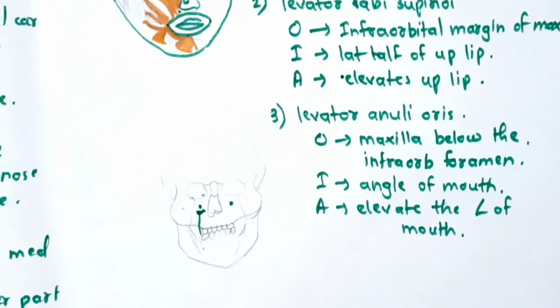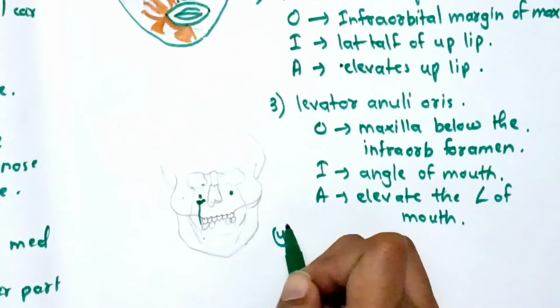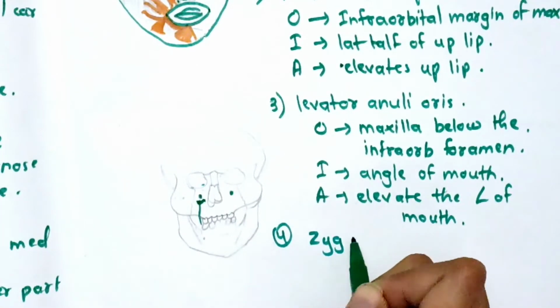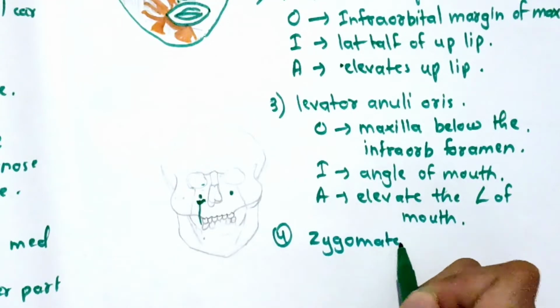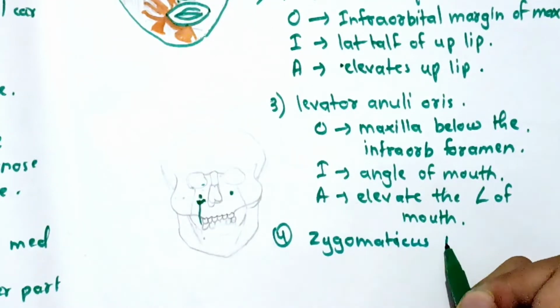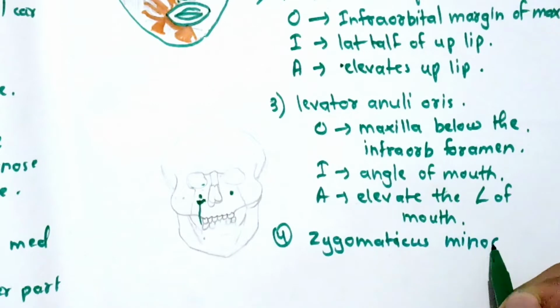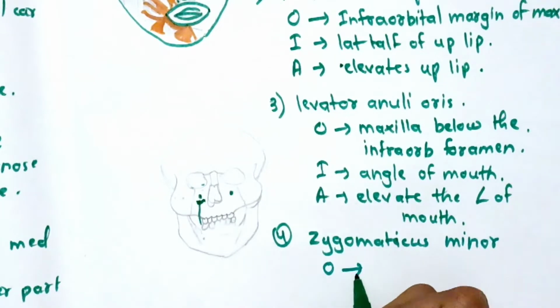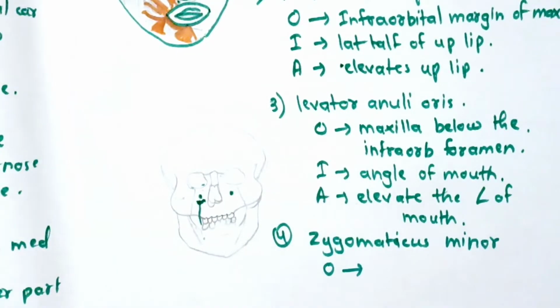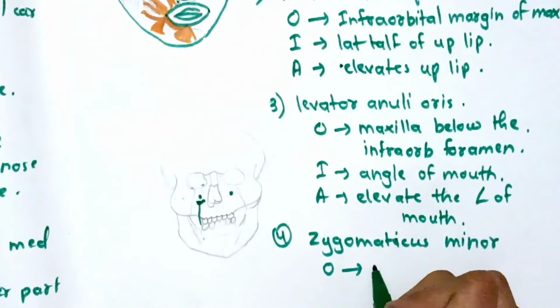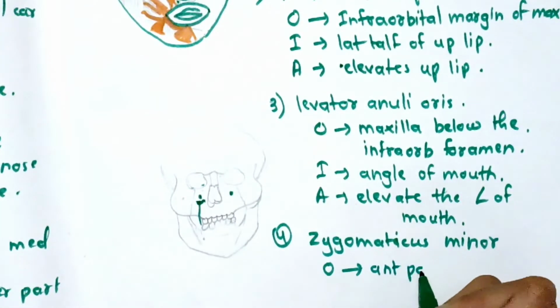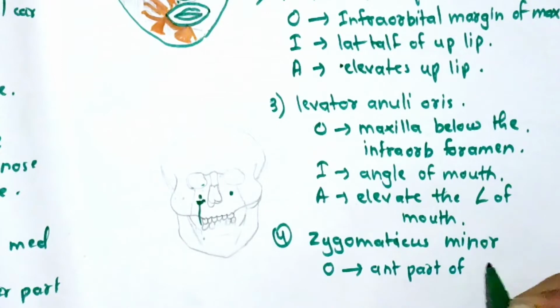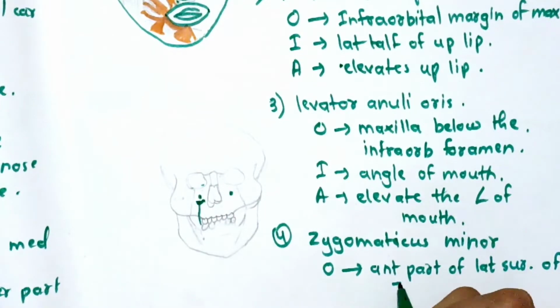Now next, fourth one is zygomaticus minor muscle. So its origin, as the name suggests, is on the zygomatic bone, the anterior part of lateral surface of zygomatic bone.